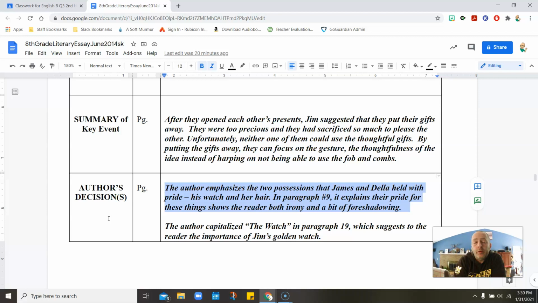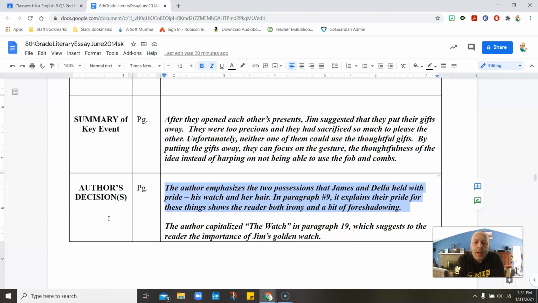Some of us were surprised when we got to the part where she opened up the combs and he realized, we couldn't figure out why he was acting funny until she opened up the gift and realized, oh, these are for my hair, which I don't have. And I'm giving him a gift for a watch that he gave away or sold. So there's a bit of foreshadowing there.